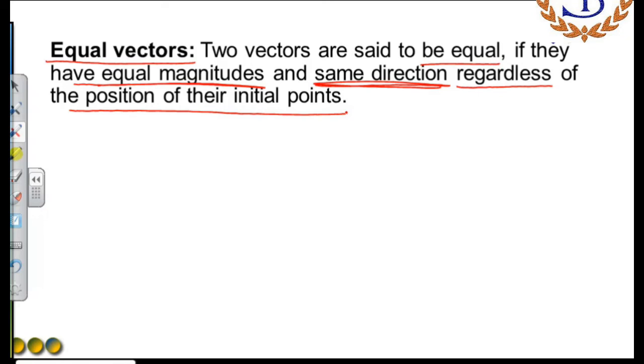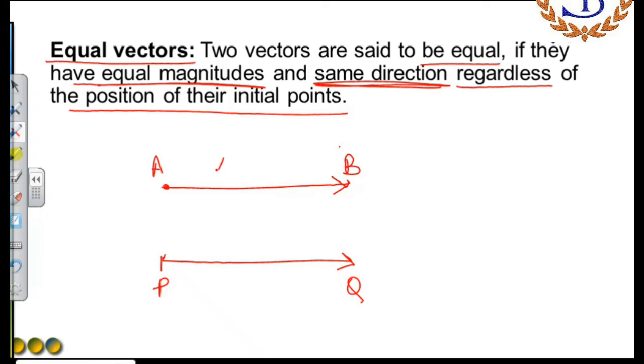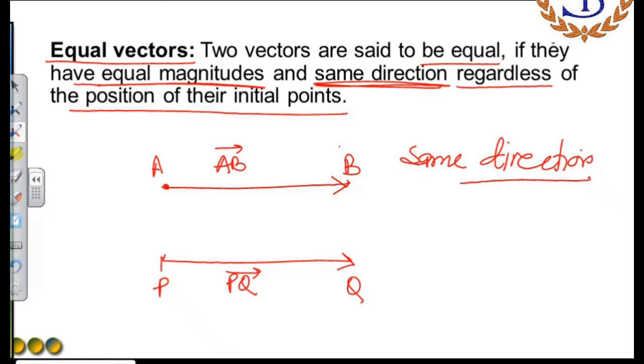It means here I am drawing a vector AB. And another vector I am drawing here, PQ. Now see, here the direction of AB and the direction of PQ both are the same. It means they are having the same direction. Is it clear? Direction is same. Now what about magnitude?